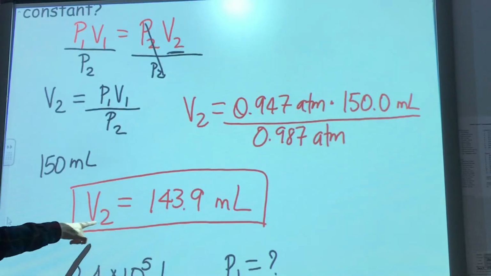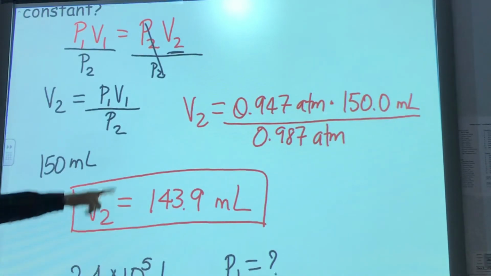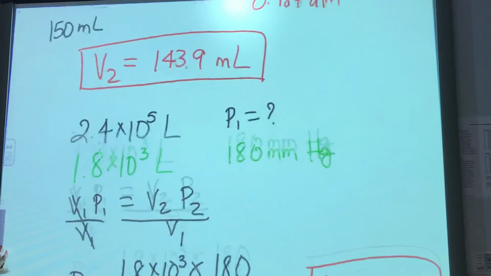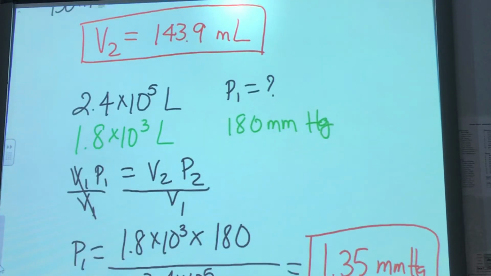We plug that in, do the math, and the second volume is 143.9 milliliters. Hopefully that's easily understandable. This is pretty easy math. That's the nice thing about the gas laws, is that they are pretty easy math.